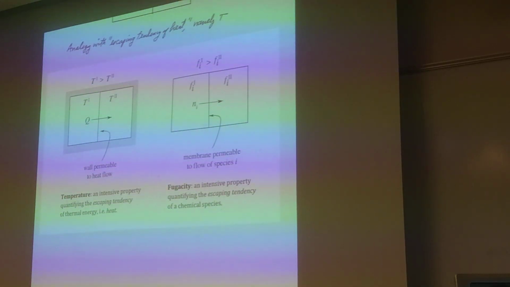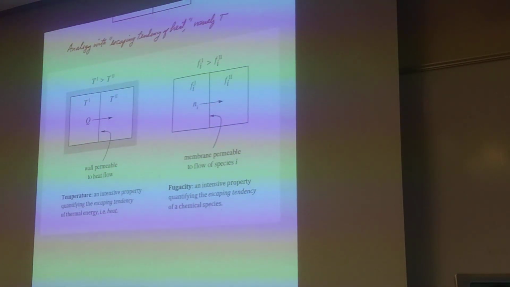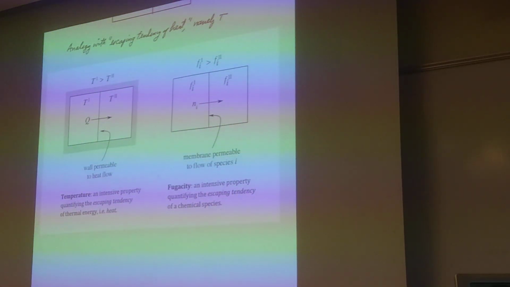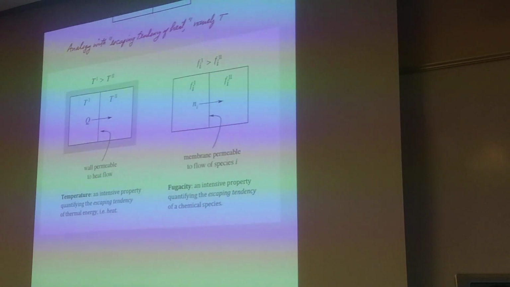This is a direct analogy to what we have for the definition of temperature, which is also a measure of escaping tendency, but in this case, escaping tendency of thermal energy. So we saw if the temperature in the chamber on the left is higher than that on the right, then we expect to have a heat transfer from the left to the right. Everyone see that analogy?